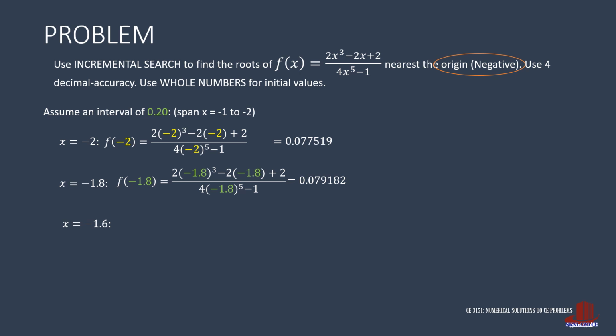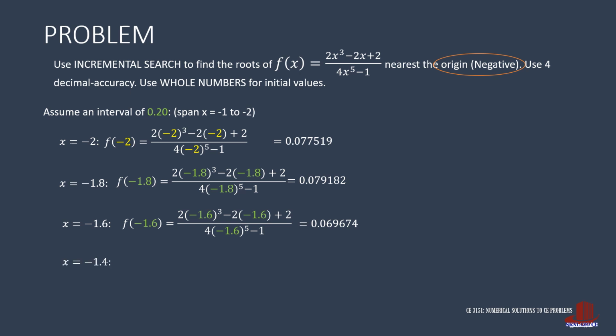So the function then will be twice of negative 1.6 cubed minus twice of negative 1.6 plus 2 all over 4 of negative 1.6 raised to 5 minus 1, giving positive 0.069674. Let's try a little further up the number line.